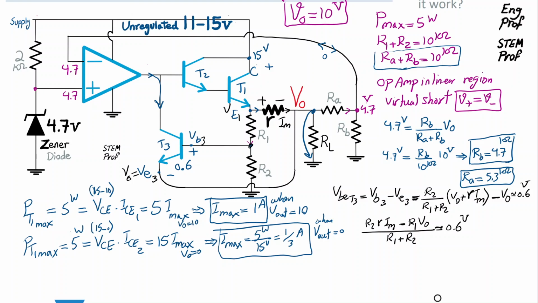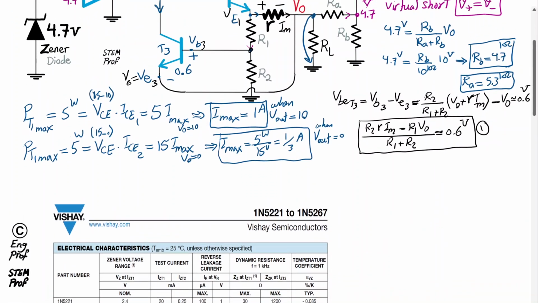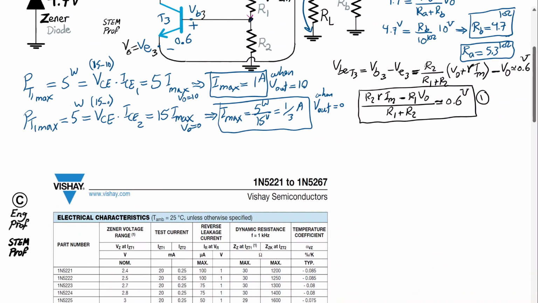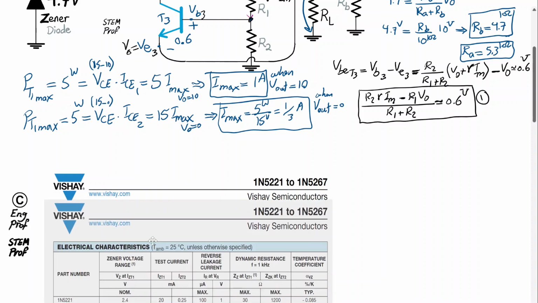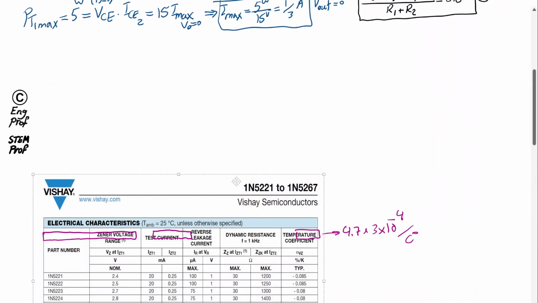Okay, so this is the equation that we need to have in mind, and let's refer to this as equation 1. What I'm going to do is apply this equation 1. Let me just move this down so that there is enough space.